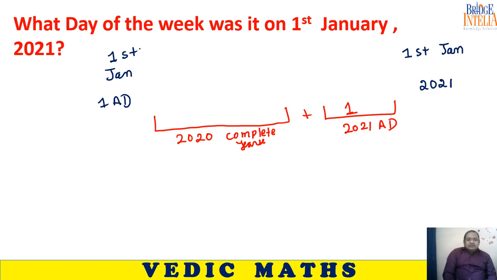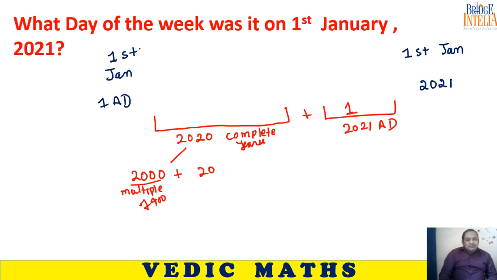Now, out of 2020 complete years, you can think of it as 2000 plus 20. This 2000 is a multiple of 400. And multiples of 400 have to be removed, because after every 400 years the number of extra days becomes 0.